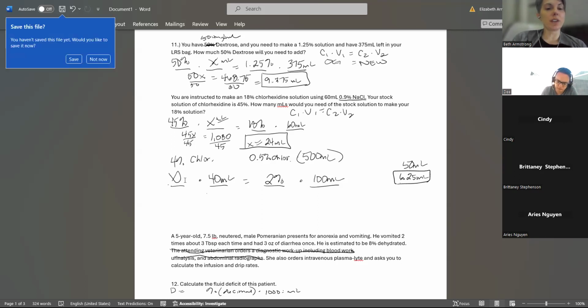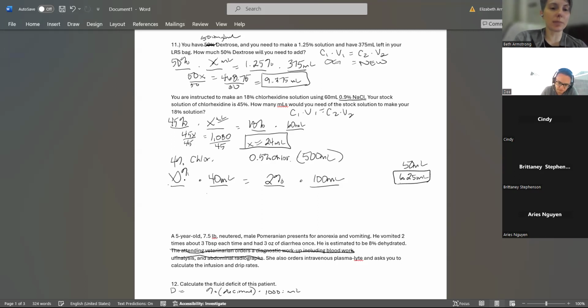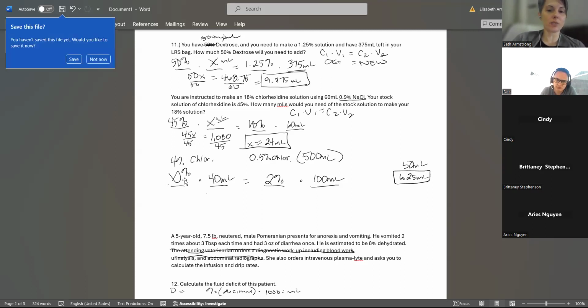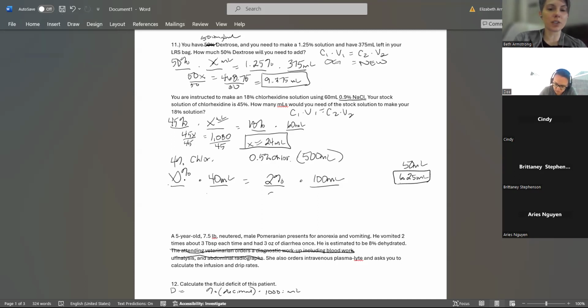Whatever the unknown is, make sure that you know what the units are. So the unknown here is a percent. Then we do the exact same thing with our math. 2 times 100 is 200, and it's 40x. Divide both sides by 40.